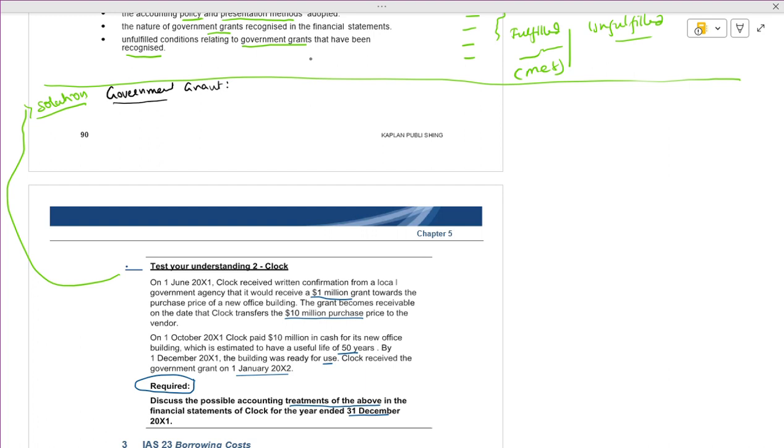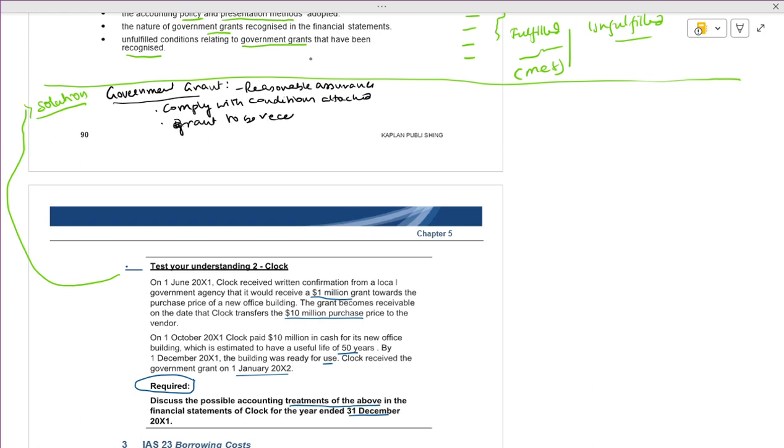It should be recognized when there is reasonable assurance that the entity will comply with the conditions attached, and that the grant is going to be received.